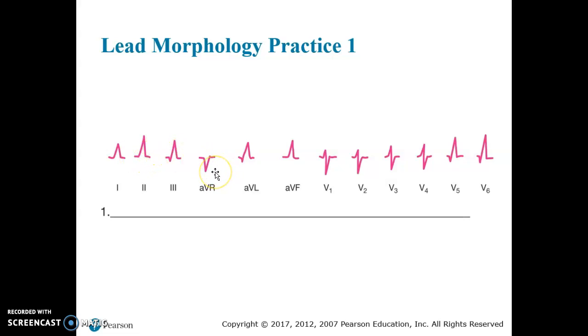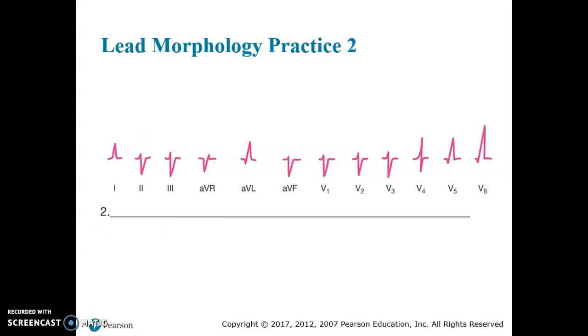AVR is negative. AVL is positive. AVF is positive. So these look normal. Everything down through here looks normal. So we have a normal morphology. We look at these directions and we can tell on this particular slide, the answer would be normal morphology.